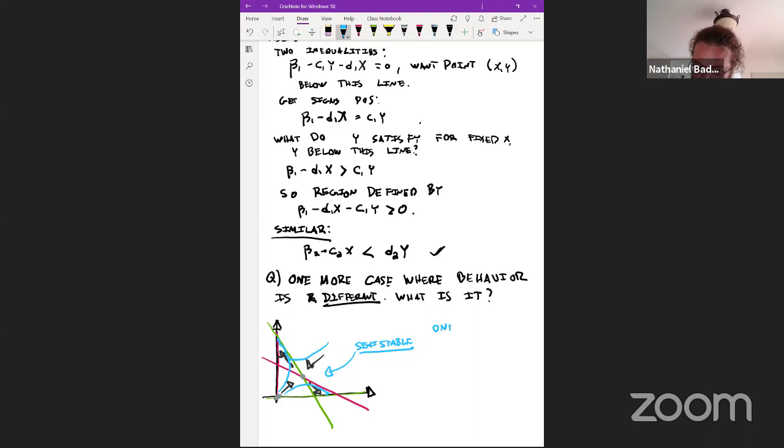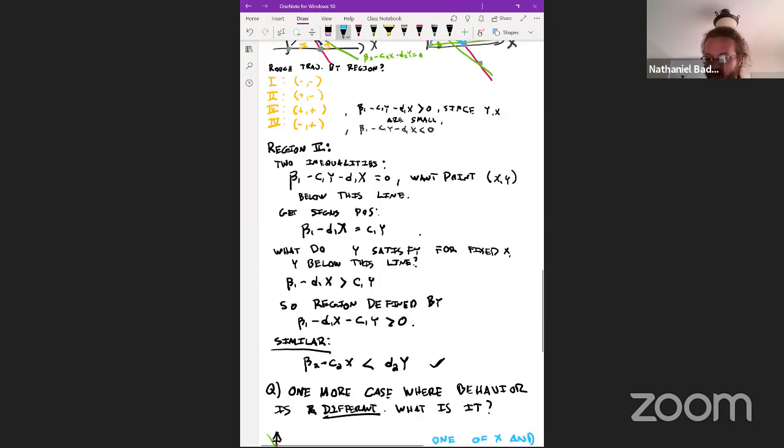So I should say one of x and y dies off, but which one is going to depend on the initial conditions.